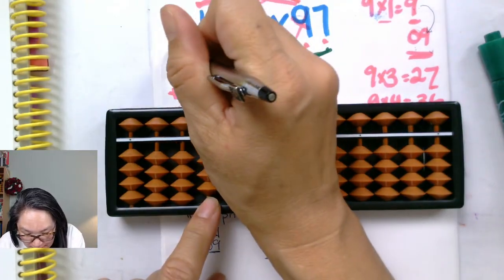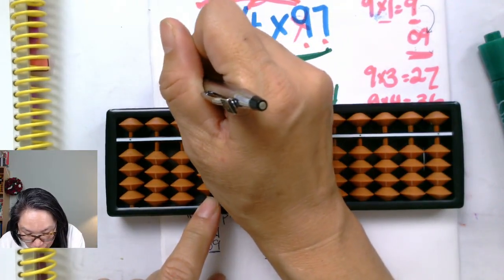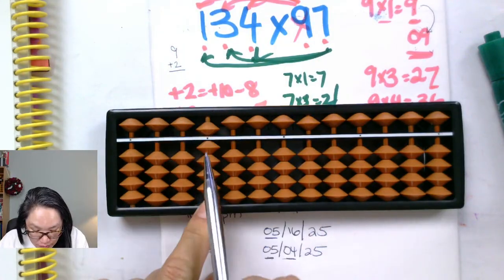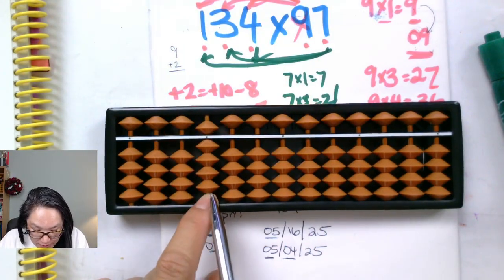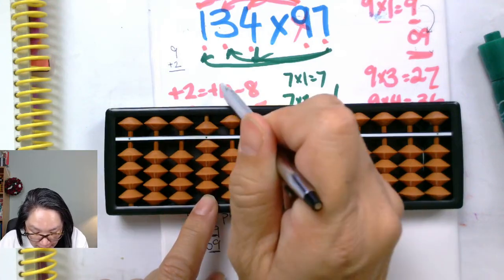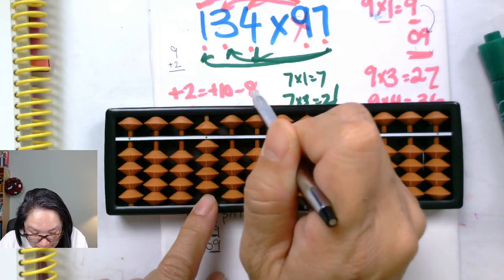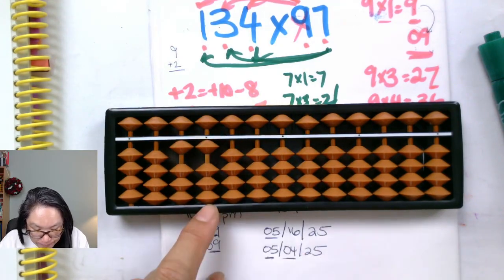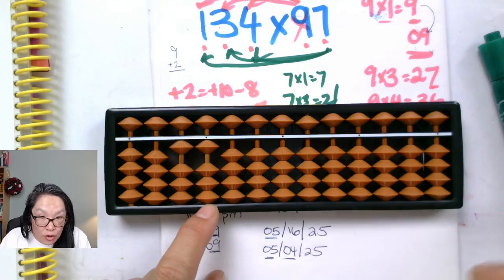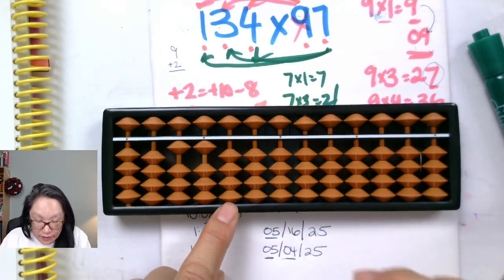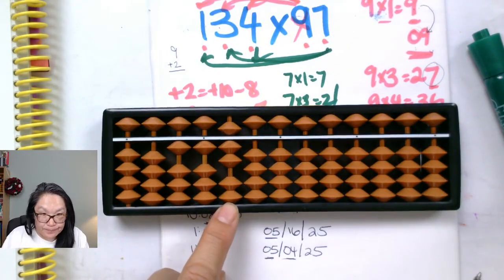My question is 9 plus 2. I don't have enough beads to add the 2. So I have to plus the 10 and minus the 8. Don't forget to add the 7, so I add my 7 over here.